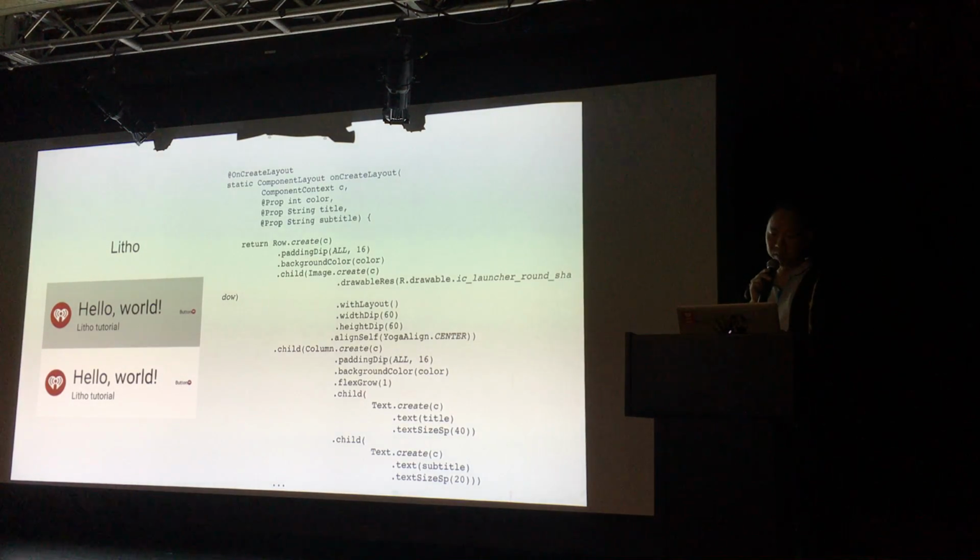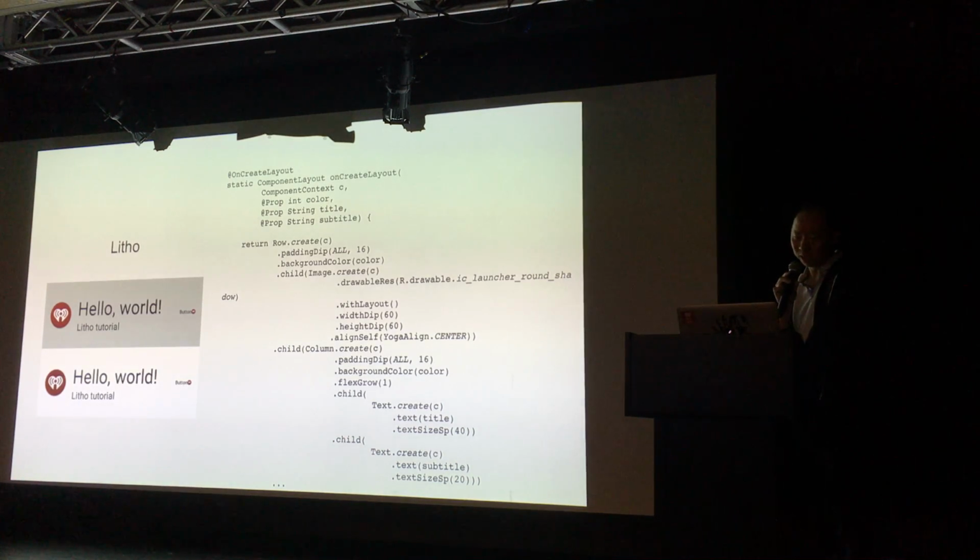So your first child will be your image, which is the iHeart logo at the left. And you can specify which drawable resources you're gonna use with the layout, and the height or the sizes that you need to specify. And you can have another child in the left, which will be a column.